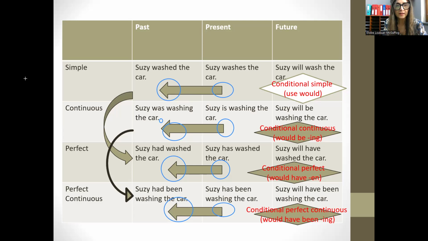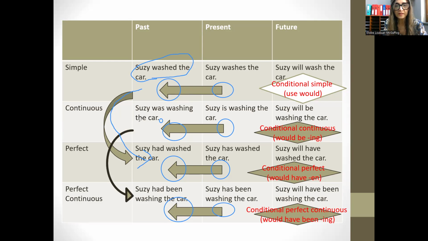Okay. As you can see here, this one, if your sentence is Susie washed the car, which is past simple, right up here, then if you are making it indirect, your arrow tells you you've got to go down here to past perfect. Okay. So you have to make that sentence into a tense which is past perfect.